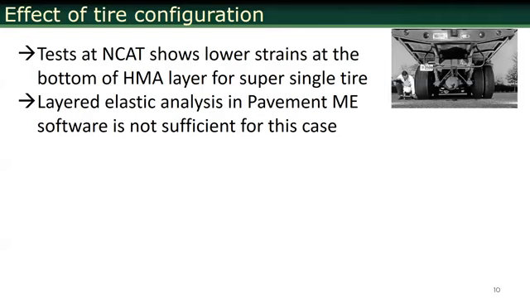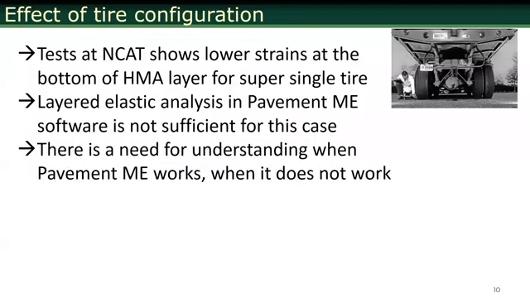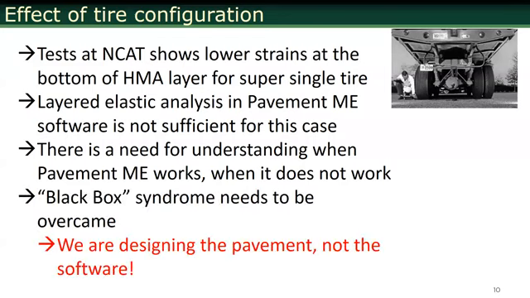If they don't make sense, if you have some data that is against that, then you have to be careful. So in this particular case, when you look at the effect of super single versus dual tire, the assumption of circular load was not accurate, and a truly layered viscoelastic model was needed. So MEPDG really was a little bit short of the prediction.